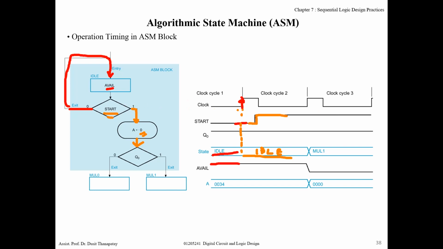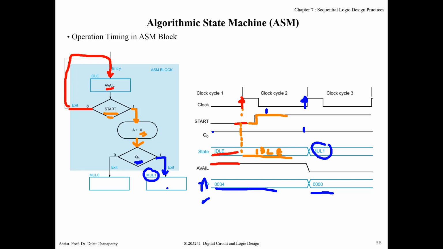That means when start is 1 here, register A does not change its value. It waits for the clock tick. When the clock ticks, it checks whether Q0 is 1 or not. Now Q0 is 1, so we go to this state. When the clock ticks, register A is cleared, and we change to state mount 1.